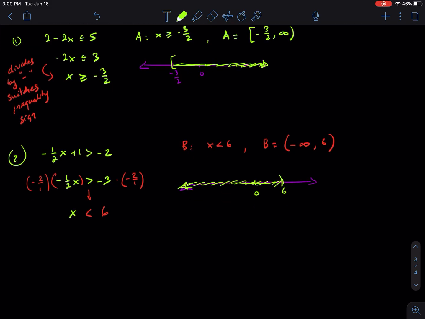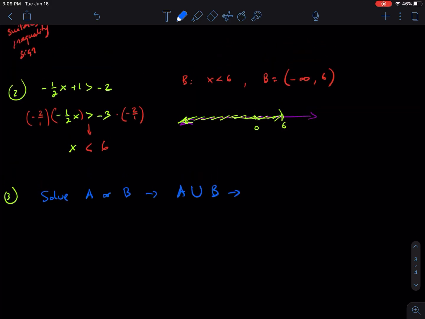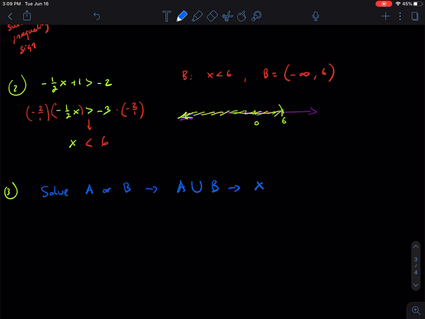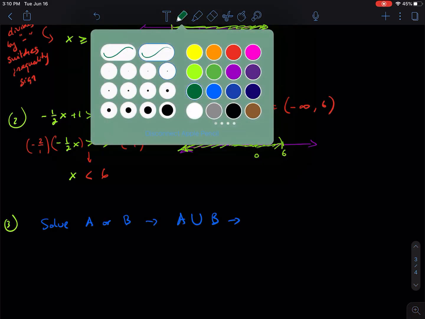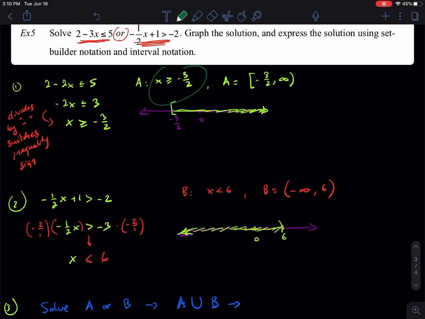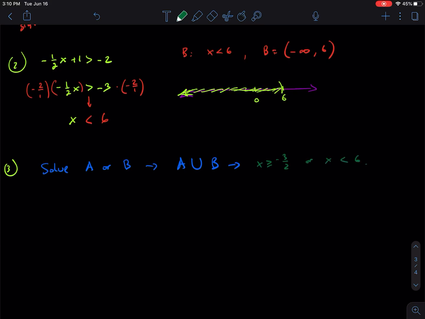Part B is saying solve A or B, meaning solve A union B. I want to write A first, so this is asking us to solve x greater than or equal to negative 3/2, or x is less than 6. We're supposed to solve that.